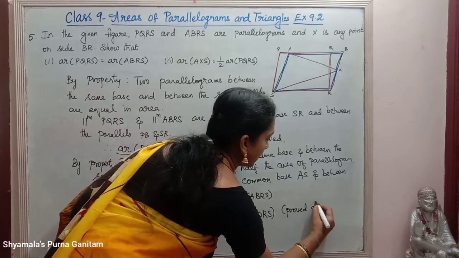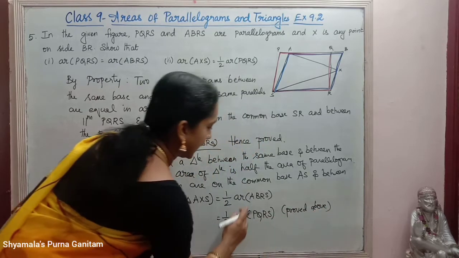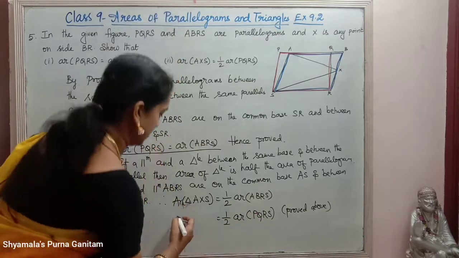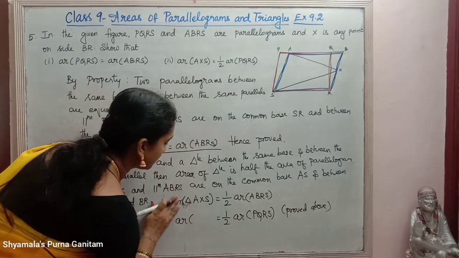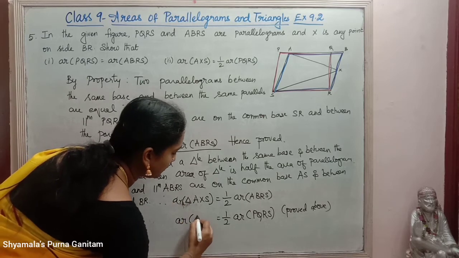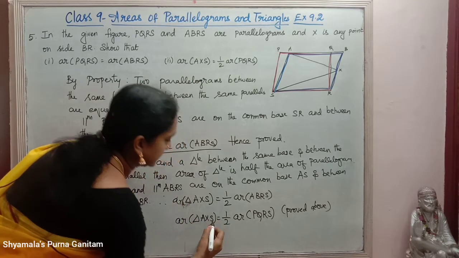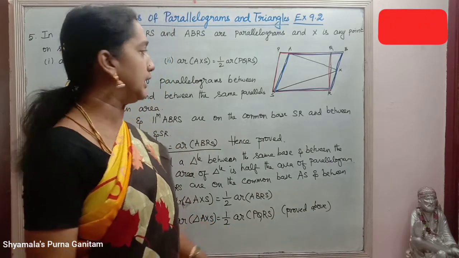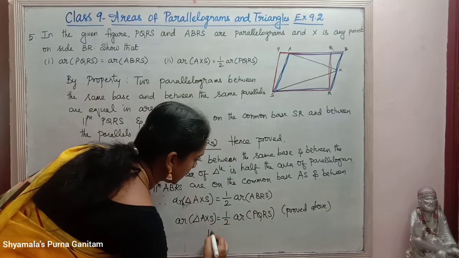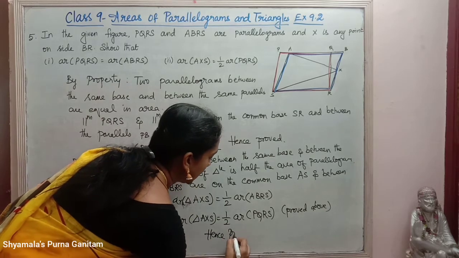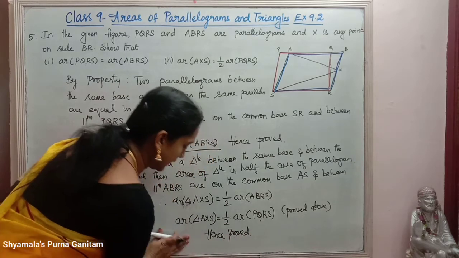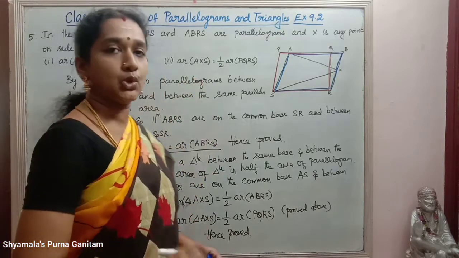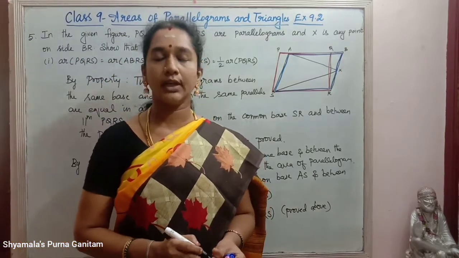So we got the proof here: area of triangle AXS is equal to half the area of parallelogram PQRS. So this is the second proof. Hence proved. First proof is over, second proof is over. Simple proof only. Okay, understood?